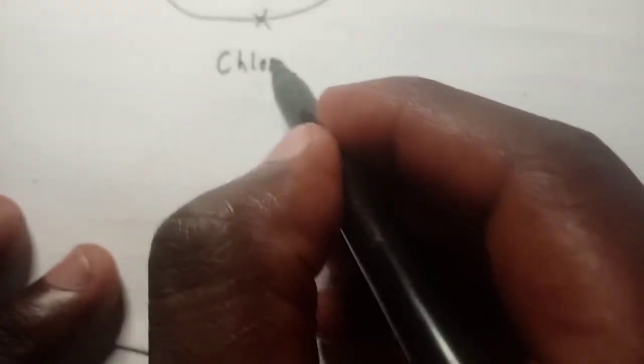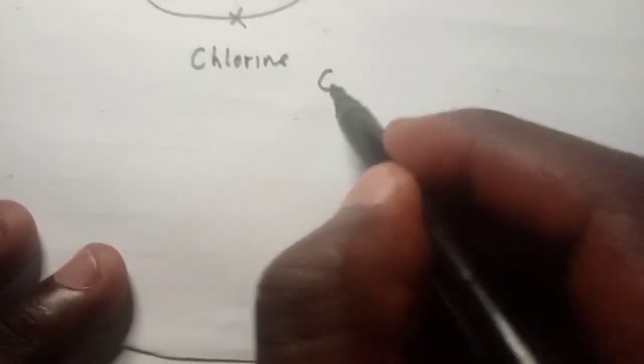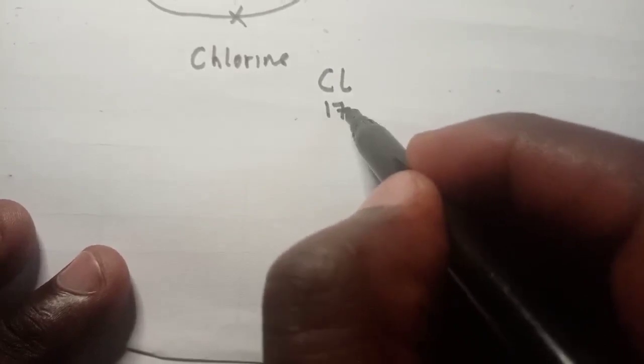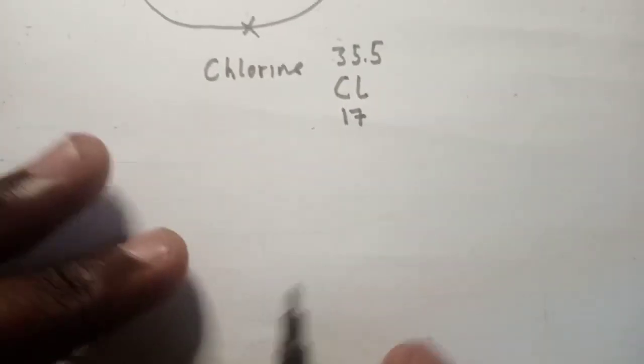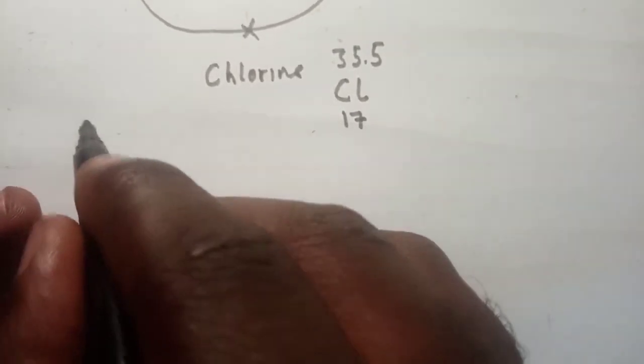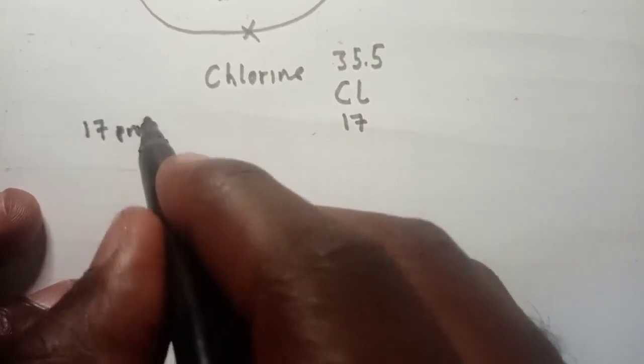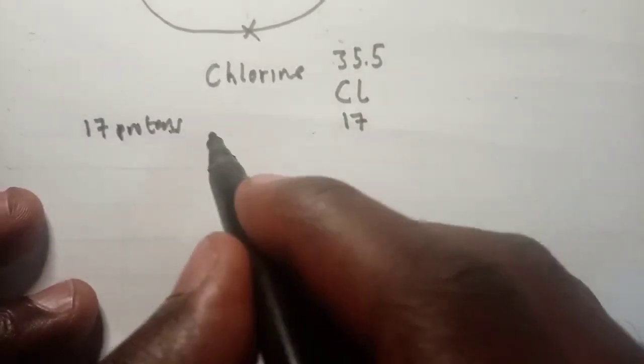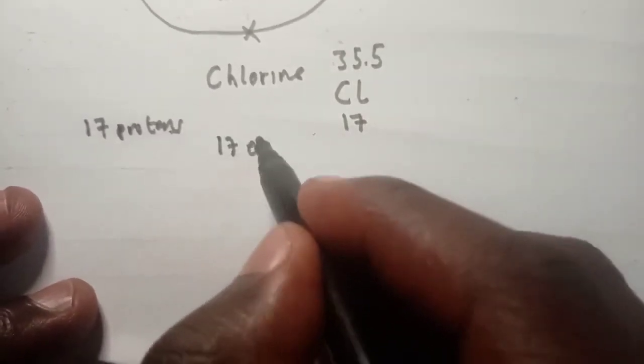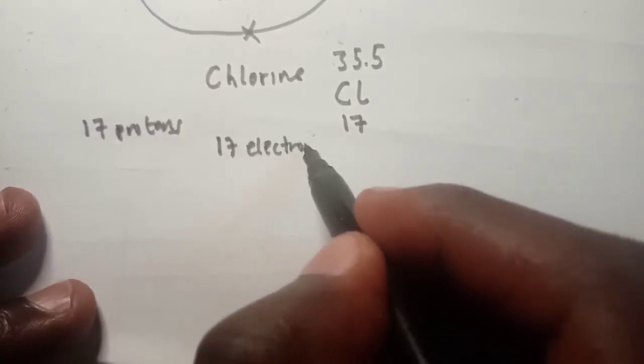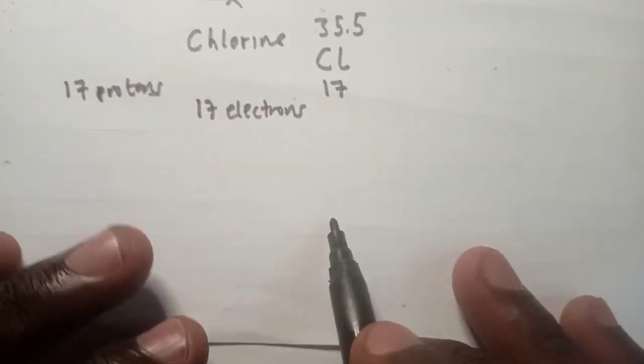So let's look at chlorine. You'll find it on the periodic table written as 17. The mass number is 35.5. So it has 17 protons, meaning it also has 17 electrons. Let's do the electronic configuration.